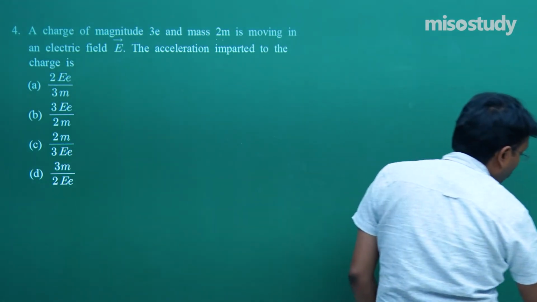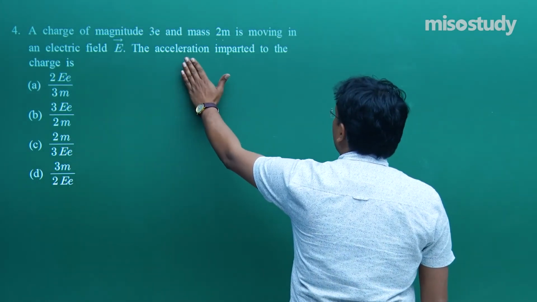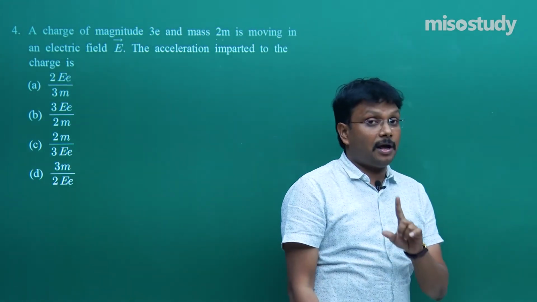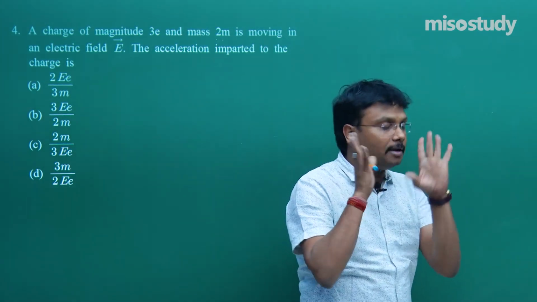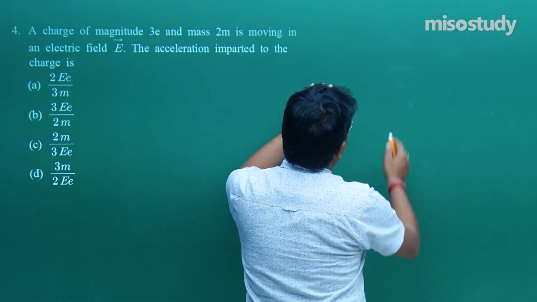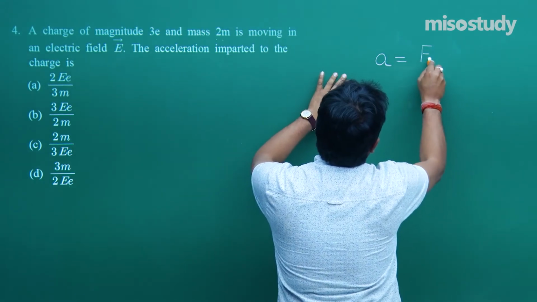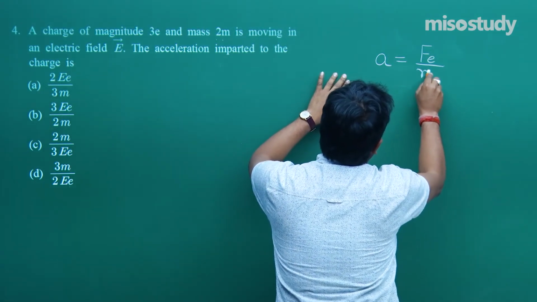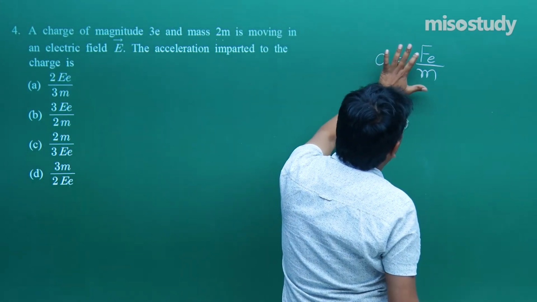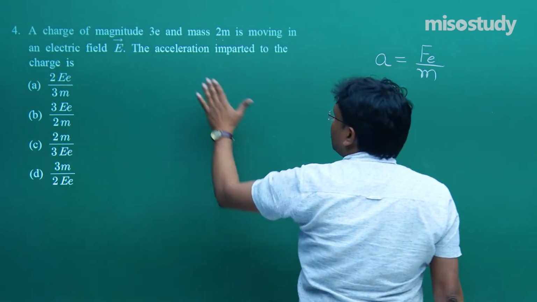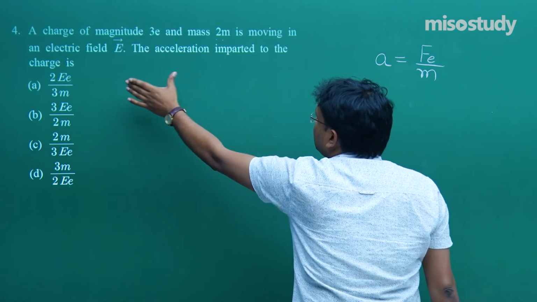Fine. Over here I would like to mention one more thing to all of you. If such type of problems are asked, never ever go with a lot of enthusiasm. Read, think, only then move. Fine. So what is the basic formula I should write down? The basic formula I should write down, maintaining cool and calm, is F is equal to ma. So I am writing a is equal to Fe by m. Why Fe? Because in this problem the force is electrostatic in nature.